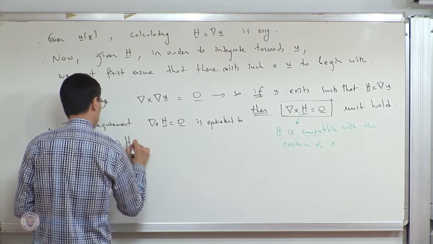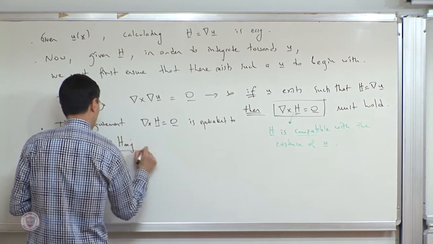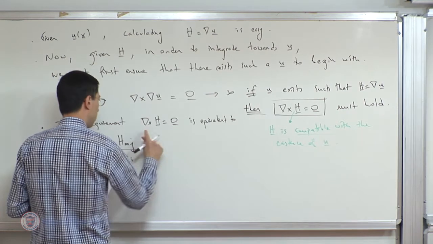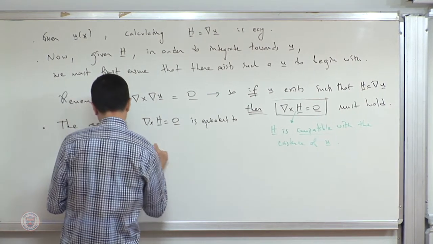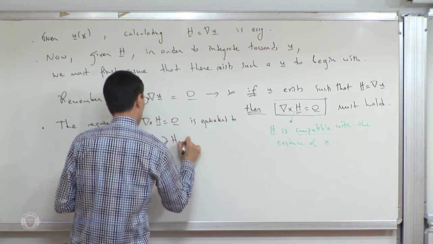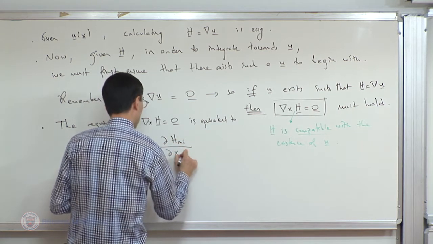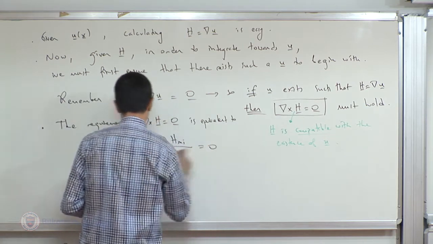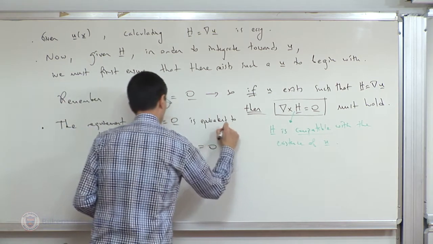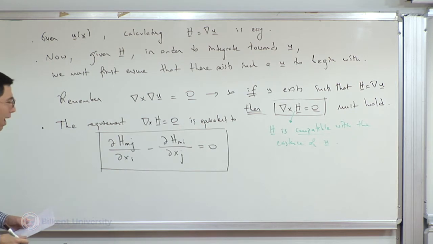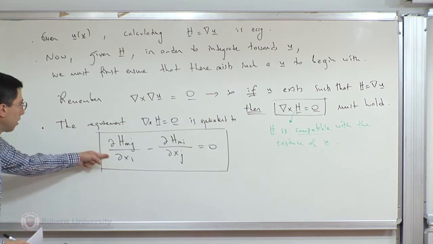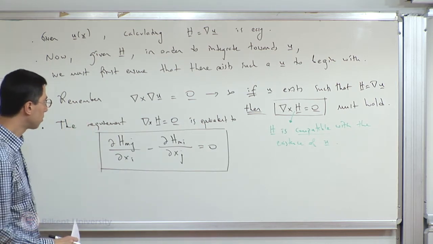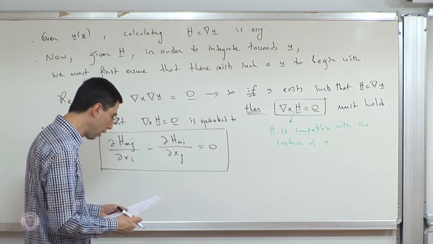You can refer to the very first lecture, and essentially this equals 0 is equivalent to requiring that the components of h and their derivatives satisfy this expression. In other words, if h satisfies this expression, then it is compatible and therefore a u exists.